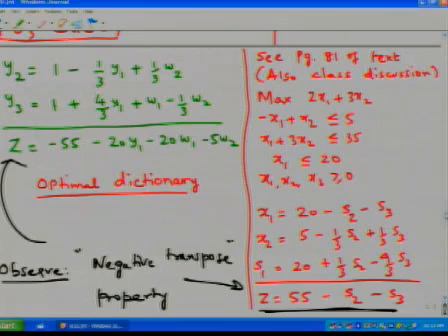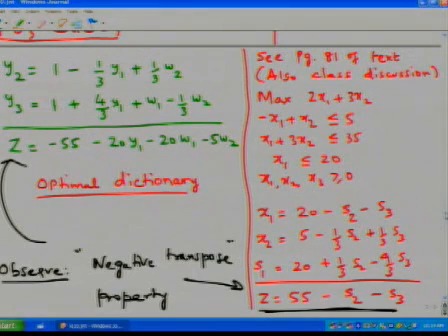N is given by 0, 1, 0, 0, 0, 1. Does everyone understand this notation? Your A matrix is just these 3 columns next to these 2 columns.